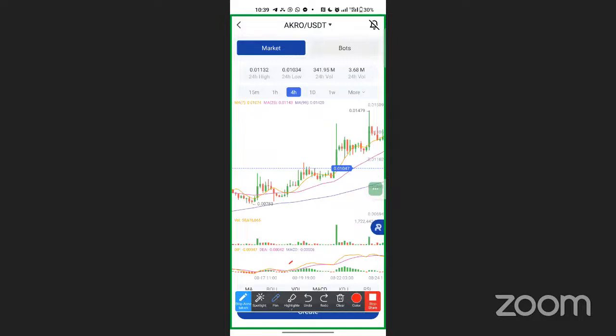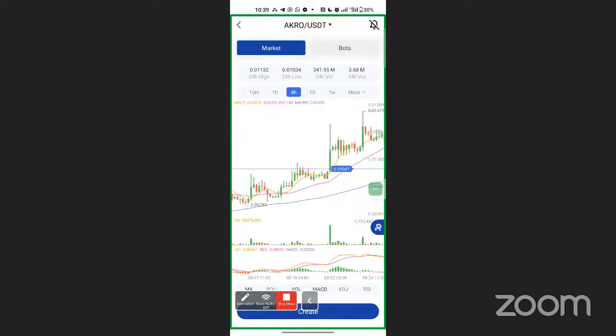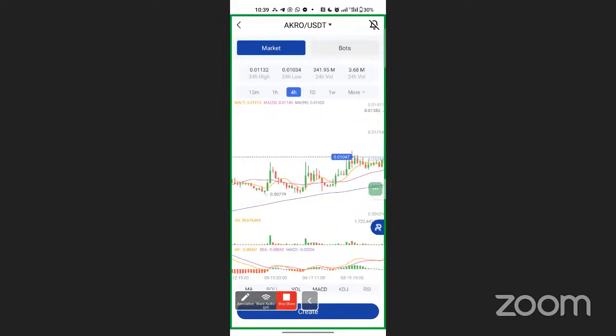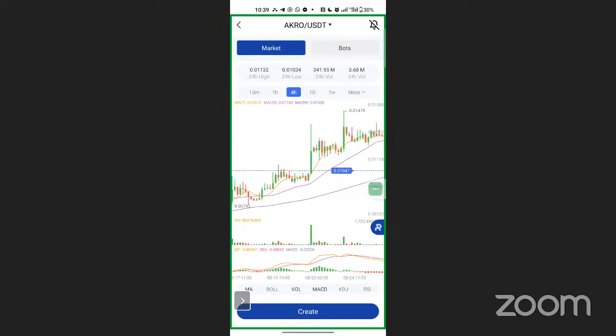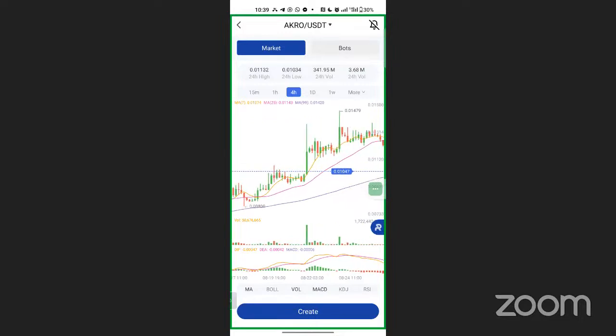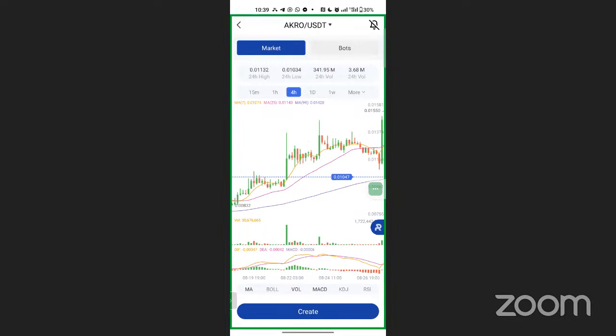you see the crossover, then you see the volume. Always look at the volume. If there is an increase in the volume, that is the amount of money being invested.